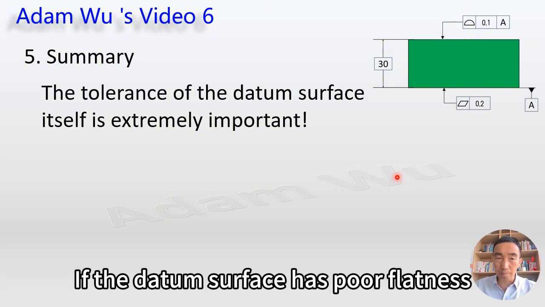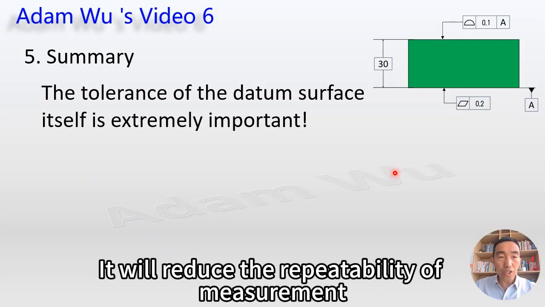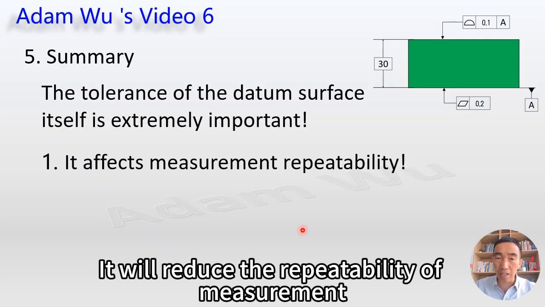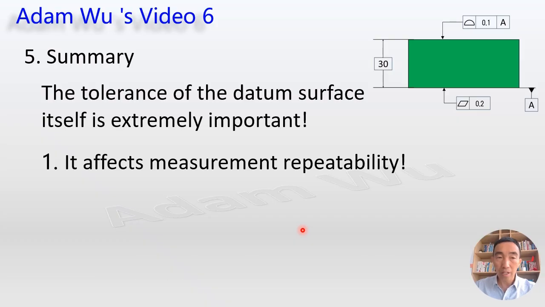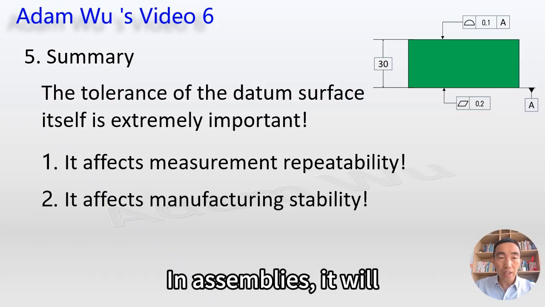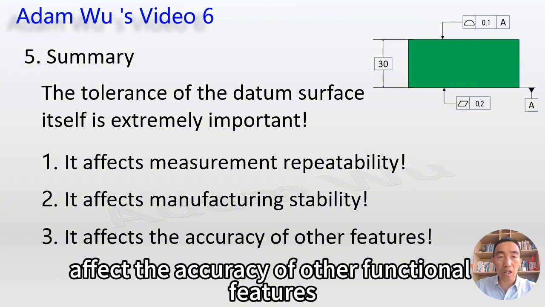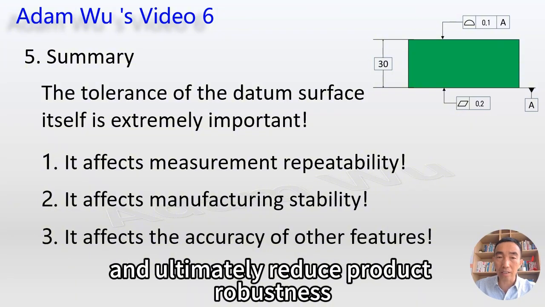If the datum surface has poor flatness, as shown in this case, it will reduce the repeatability of measurement. It will degrade machining stability. In assembly, it will affect the accuracy of other functional features and ultimately reduce product robustness.